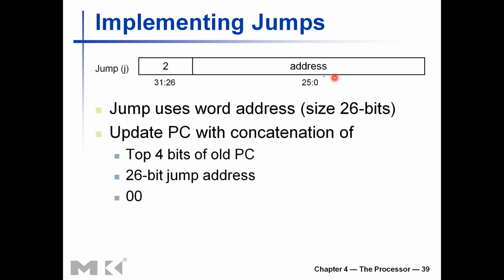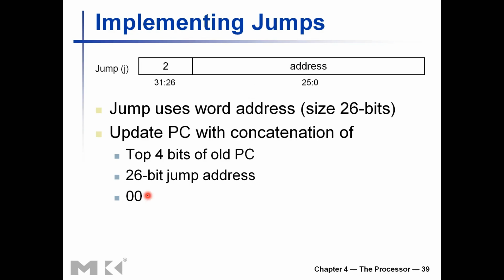So these 26 bits we need to manipulate to get a 32-bit byte address. What we have here in the immediate value is a 26-bit word address. In order to make it into a byte address, we need to append 2 more bits at the end of it: 2 zeros. We are not interested in whether we need the first byte of the word or the second byte or the third byte or the fourth byte of the word.